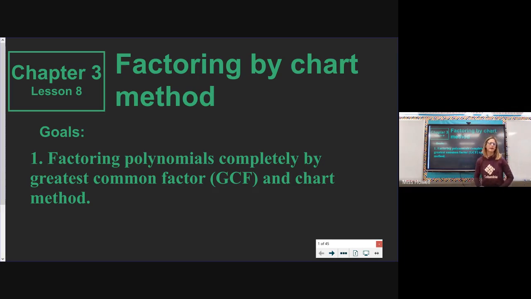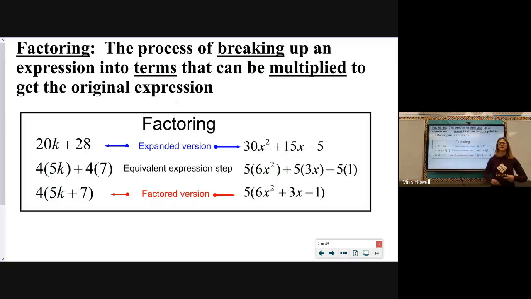So at this point, I should understand that factoring is the breaking up of an expression back into individual terms that can be multiplied back together to get the original expression. So once we're done, we should be able to go back and do multiplication and see if we match the original problem.